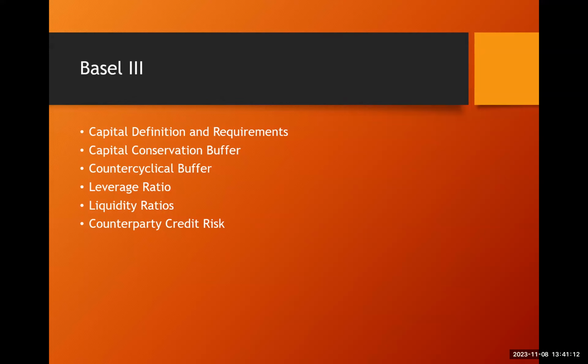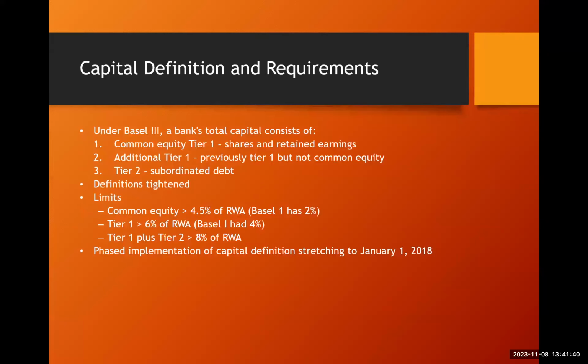Second part was a capital conservation buffer. The third is a counter-cyclical buffer. The fourth is minimum or maximum leverage ratios. Then there are minimum liquidity ratios. And lastly, there's counterparty credit risk. Let's go through all of these.